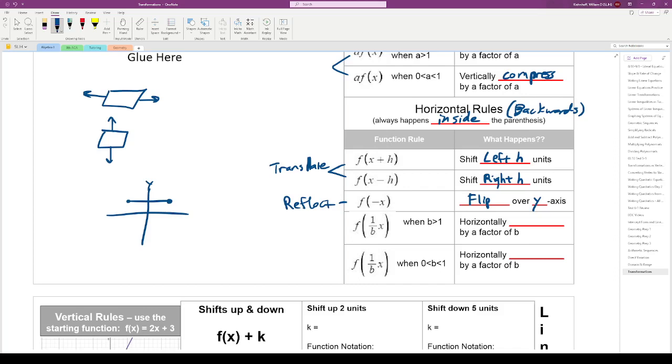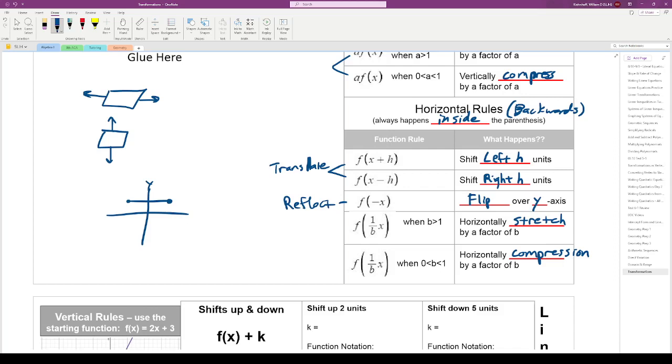So if we have b greater than 1, we're doing a horizontal stretch, just like when we had a greater than 1, but when it goes into the equation, it's not bx, it's the reciprocal of b times x. If b is between 0 and 1, that's a horizontal compression, or compress.